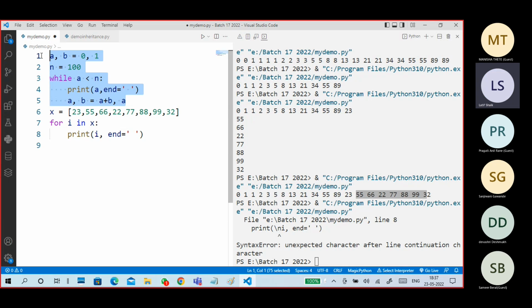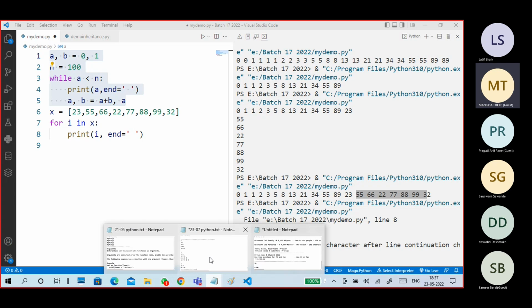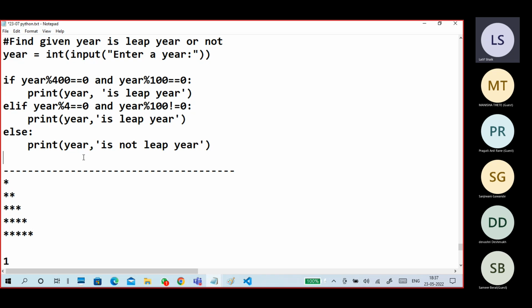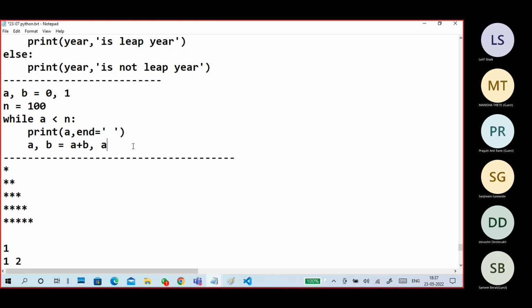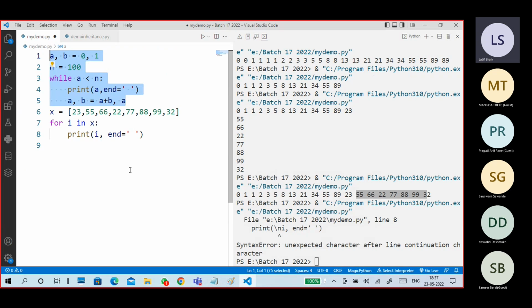Yeah, I think you understand this point. That is the Fibonacci series.